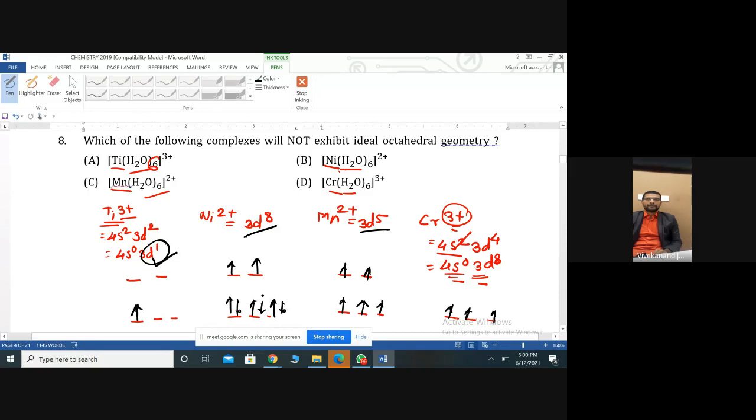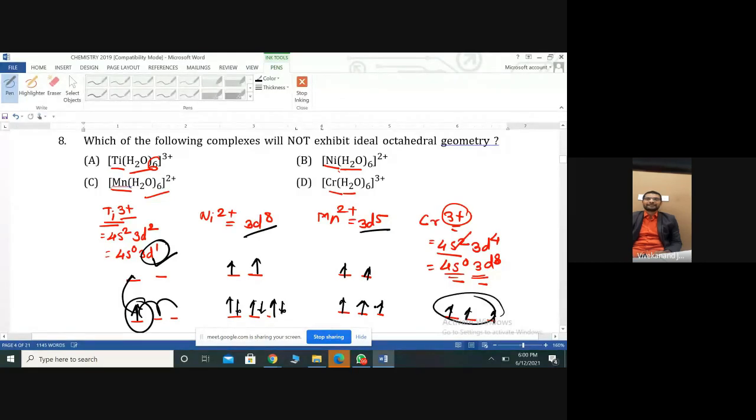Now, the question is, where can you see the unsymmetrical electronic distribution? Here just 1 electron you can see, and this electron can migrate from here to here, or maybe it goes up.